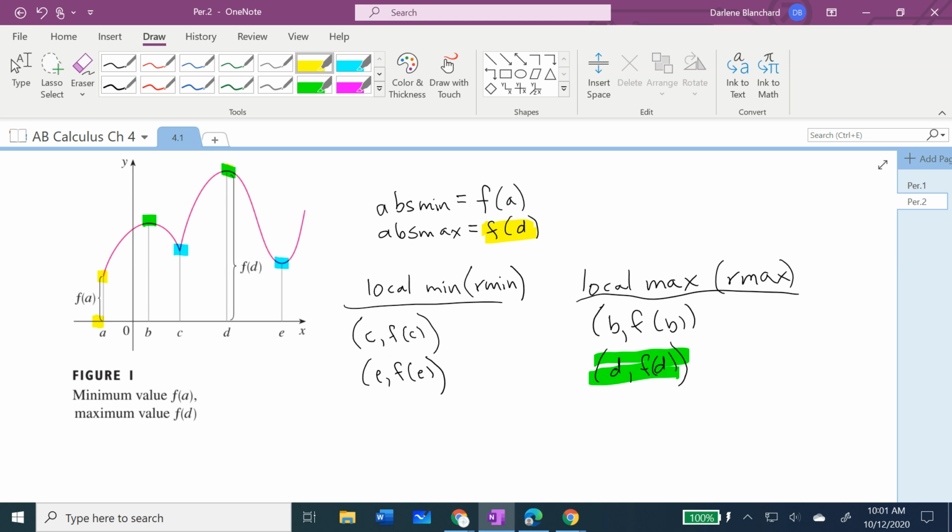If it turned up a bit, it would be a local minimum and still be an absolute minimum. If it turned up a bit, it would. Oh, if it turned up a bit.